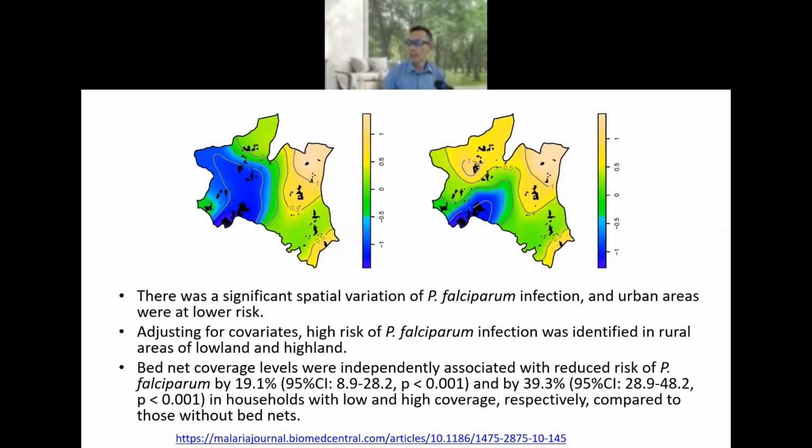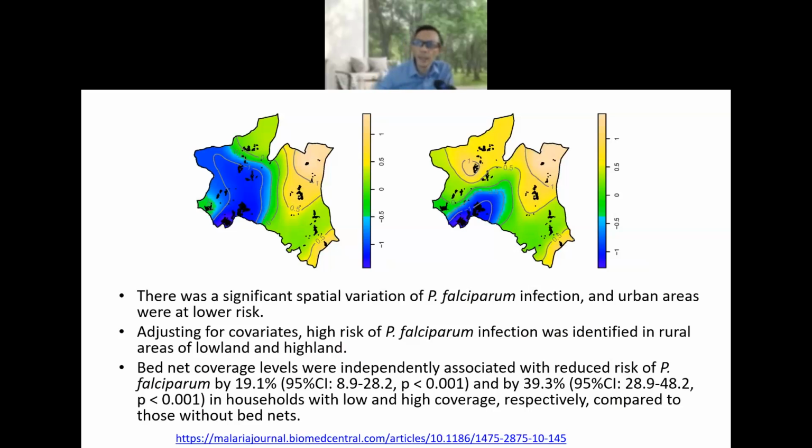So they show which areas have risk above one. This is probability, I think. This is log. Bed net coverage levels were independently associated with reduced risk of Plasmodium falciparum.